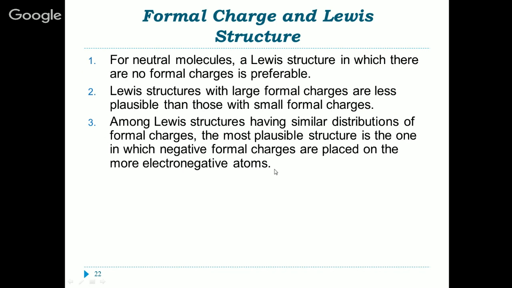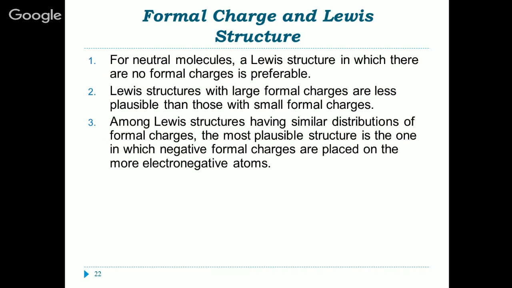Now, when we have the option of placing a negative charge on different atoms in a structure or a positive charge on different atoms in a structure, the more electronegative element is going to be more comfortable with the negative charge. So we look to our periodic table and compare our electronegativities. For example, a structure that has nitrogen and oxygen in it, if need be, the oxygen would want to have the negative charge because it is more electronegative.